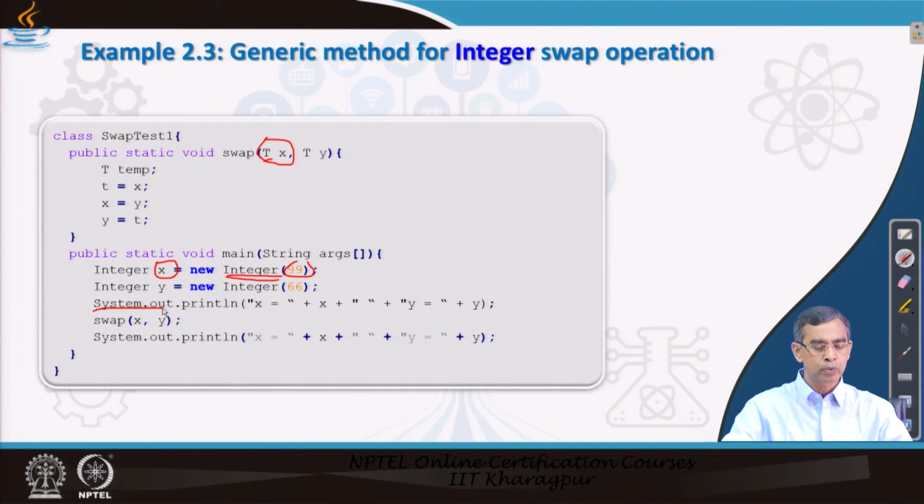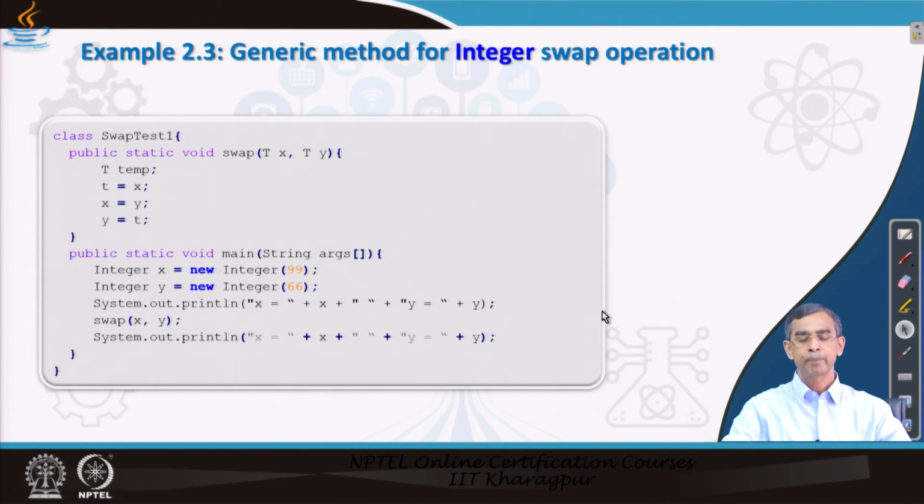For example, in swap x y, here x is an object of type Integer, y is also another object of type Integer, then call the swap, and this way this method will work for you and it will run. Now, once you declare the generic method, in several main programs you can call it to pass different values, but in the form of their objects.